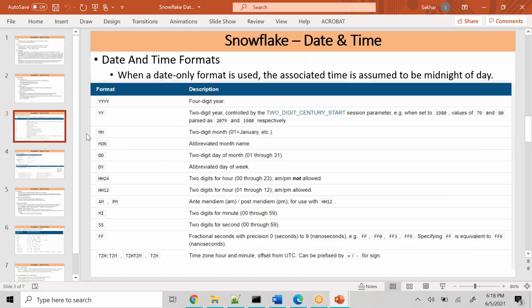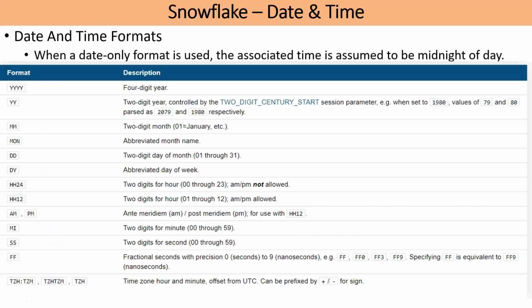Okay, so these are some of the formats. MON is the abbreviated month, then number digits, DD, day of the week DY, 24-hour, 12-hour, AM, PM, MI, SS, FF. FF is fractional seconds, 0 to 9.